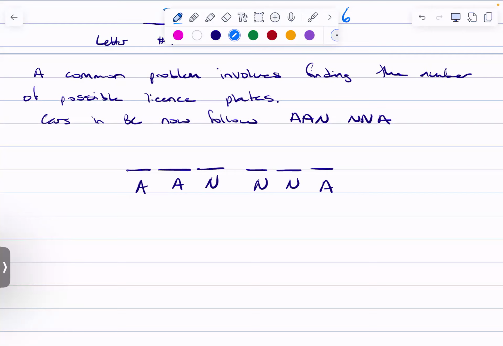Lots. 26 letters in the alphabet, times 26, times there are 10 digits, right? When we talk about digits, we usually say numeric, but there are 10 digits.